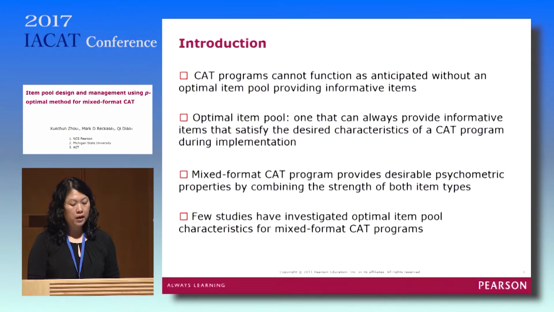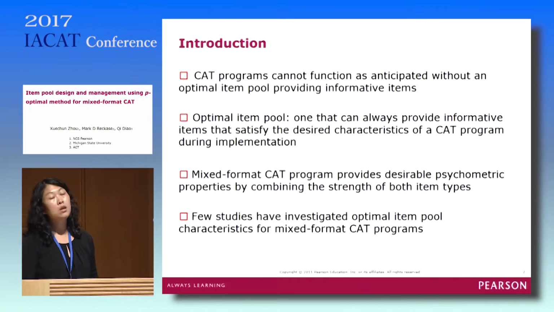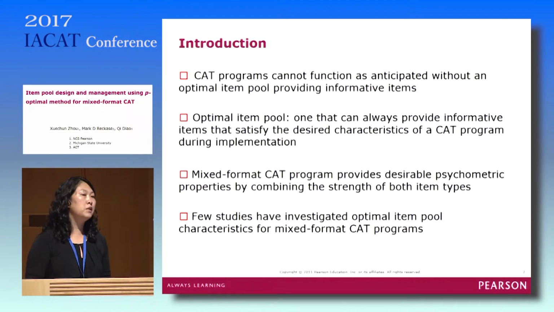A CAT program cannot function as anticipated without an optimal pool providing informative items. An optimal item pool is defined here as one that can always provide informative items that satisfy the desired characteristics of a CAT program during implementation. There are many item types, for example dichotomous and polytomous items.